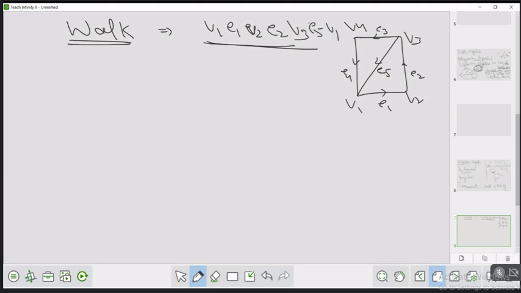You can see that the directions are the same. The edge e1 has initial vertex v1 and terminal vertex v2, e2 has initial vertex v2 and final vertex v3, and e5 has initial vertex v3 and final vertex v1. In this walk we have directed edges. So, due to the direction in the edge, we have two types of walk.